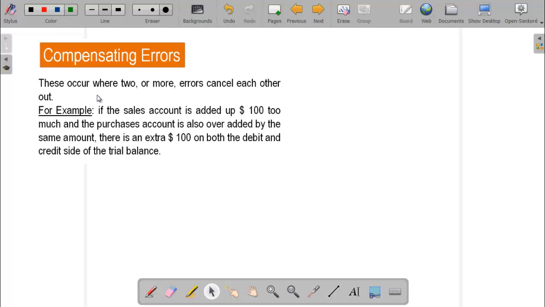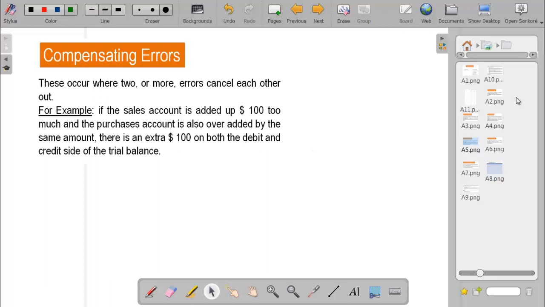But I made another mistake, and due to that mistake the total of the trial balance is coming the same. It means both the errors are neutralizing each other's effect on the trial balance.